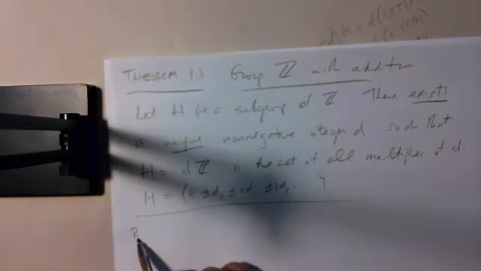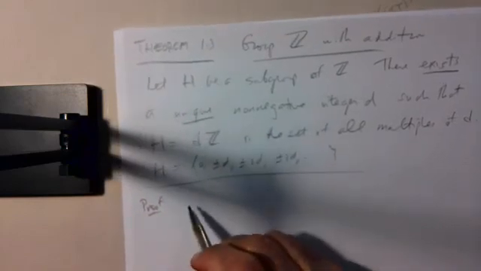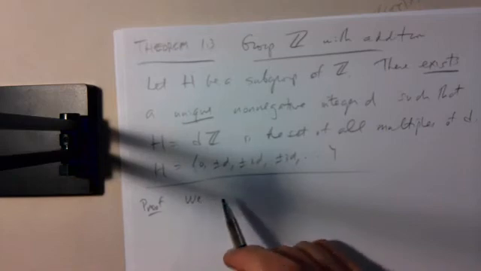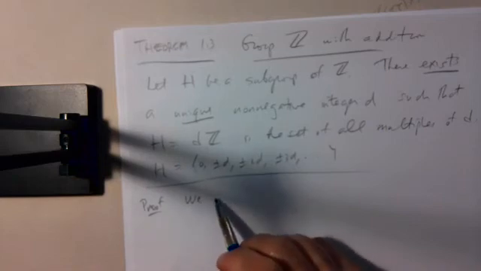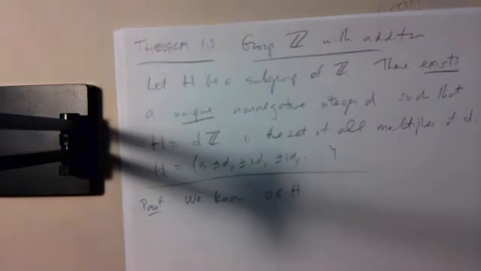So let's prove it. Proof. So we know that 0 is in H, because that's part of the definition of a subgroup. A subgroup must contain the identity element.